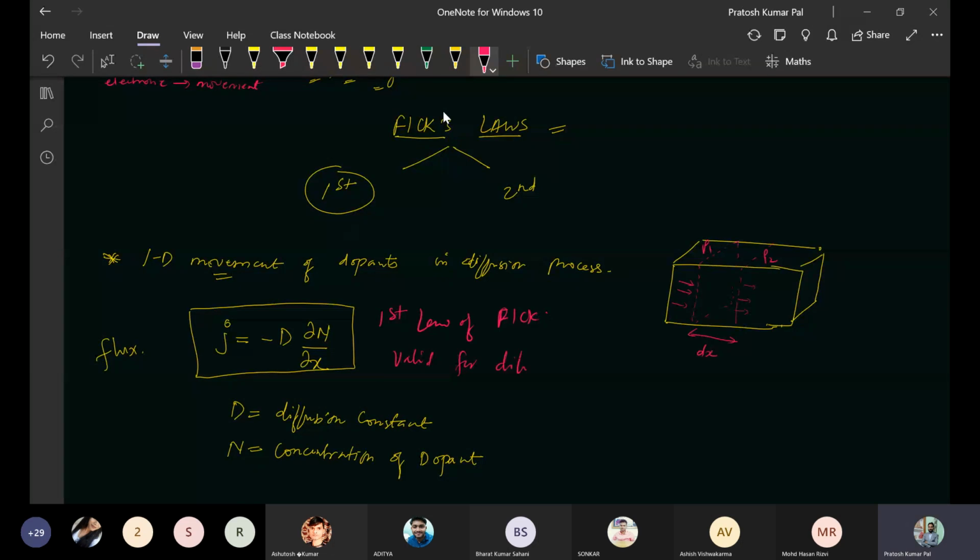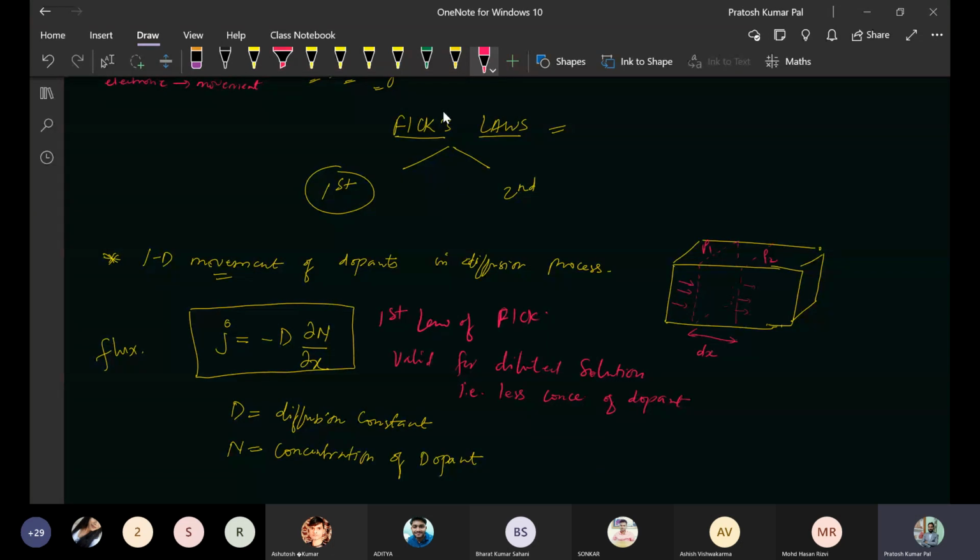Diluted solution means there is a lower concentration of dopant available. So we are considering very little dopant concentration. With respect to the crystal, the silicon atom concentration, the concentration of dopants is very low. Then in that case this holds valid.